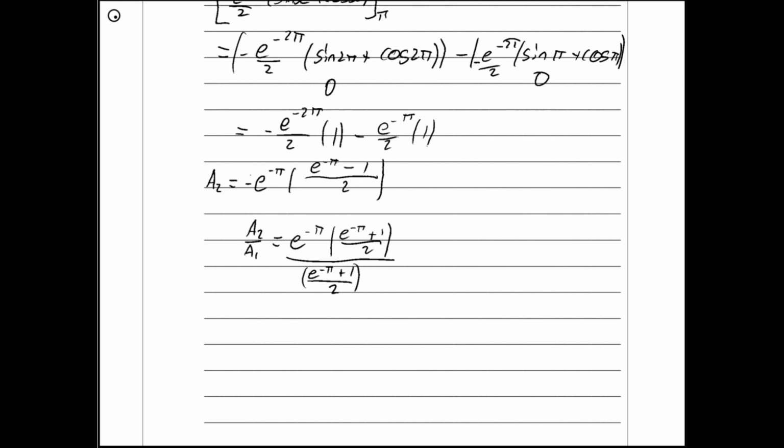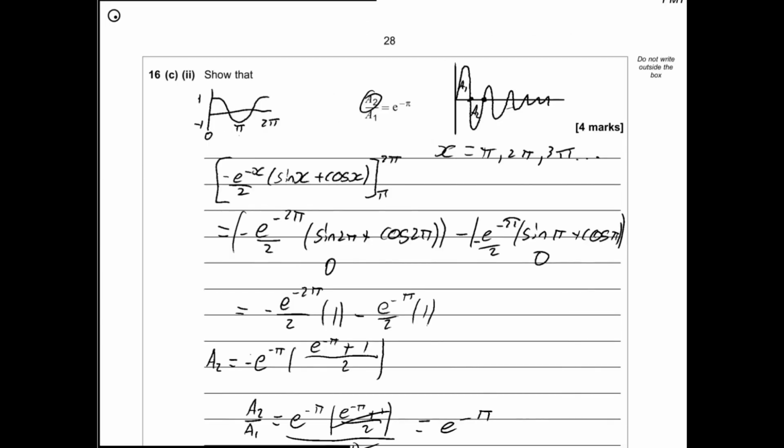I was just a bit silly from the beginning. It'll be plus 1 because you're taking this minus away. So now we're fully cancelling both of these and you get the final answer. That took a bit of reconsidering what I was doing there.